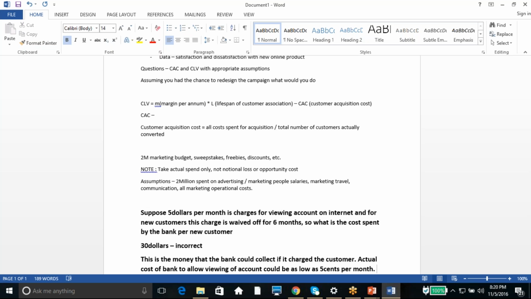So there is some operations cost for anything that is happening. On the internet also, if someone is going to log into your system and check something, there must be some cost, however low it is.